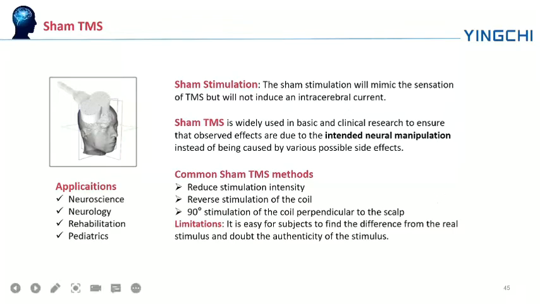Common sham TMS methods include reducing the stimulation intensity, reversing the stimulation side of the coil, or placing it at 90 degrees perpendicular to the scalp. But they have limitations, as it is easy for subjects to notice the difference from the real stimulus and doubt its authenticity.